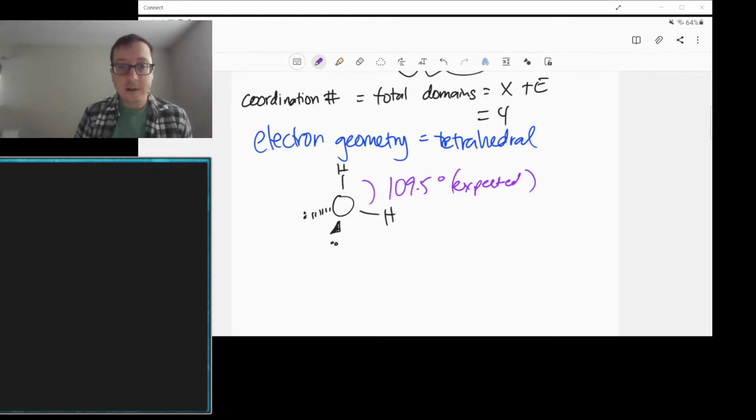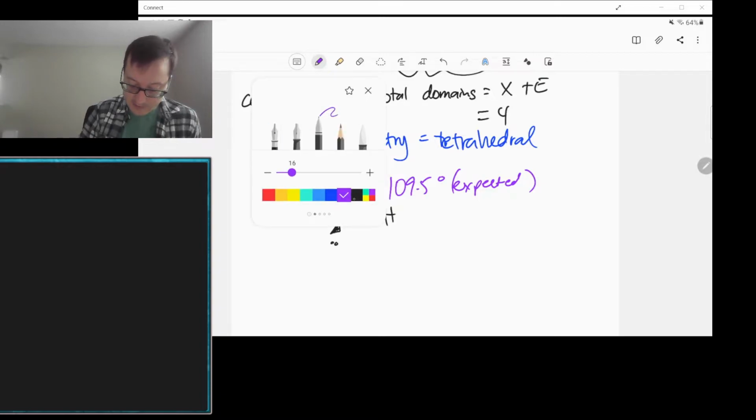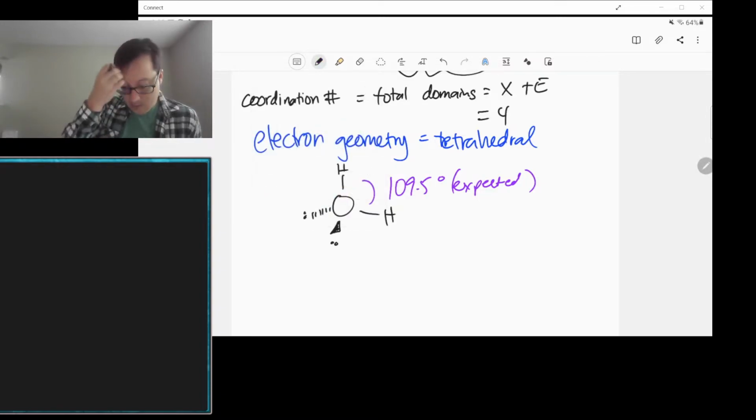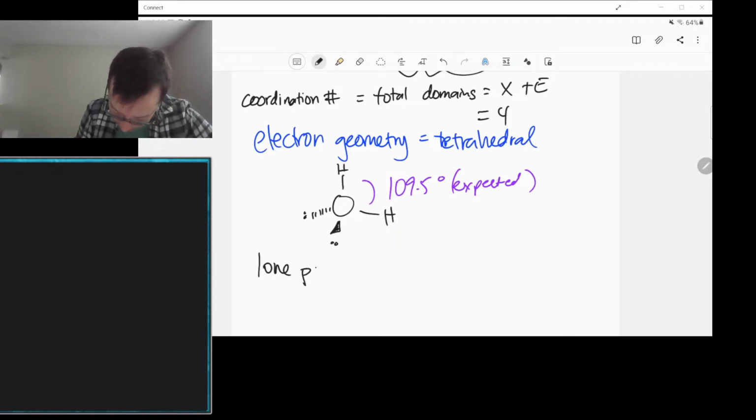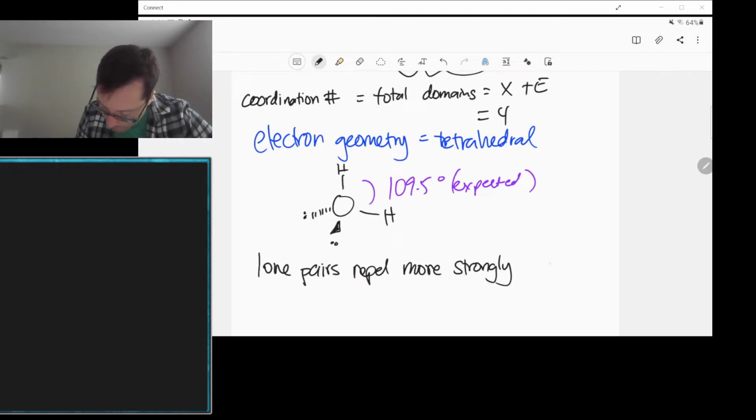But we're going to see that we have a couple of things to consider here. First off, a lone pair is stronger at repelling things than atoms are. Atoms are much larger, so their electrons are more spread out. Lone pairs are fairly concentrated. We're going to see that lone pairs repel more strongly than atoms do.